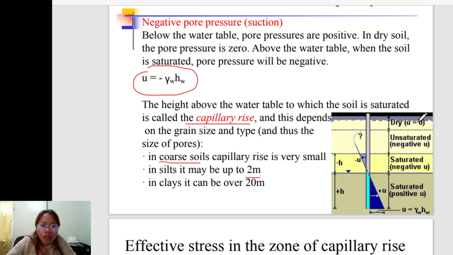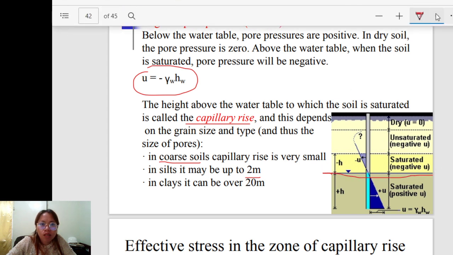You have the dry soil, meaning the pore pressure is 0. The unsaturated soil, no? Meaning, if there is capillary rise here, still the pore pressure is negative. And this part here has capillary rise, where the pore pressure is also negative because the water table is only in this part. This part here, this is the water table.